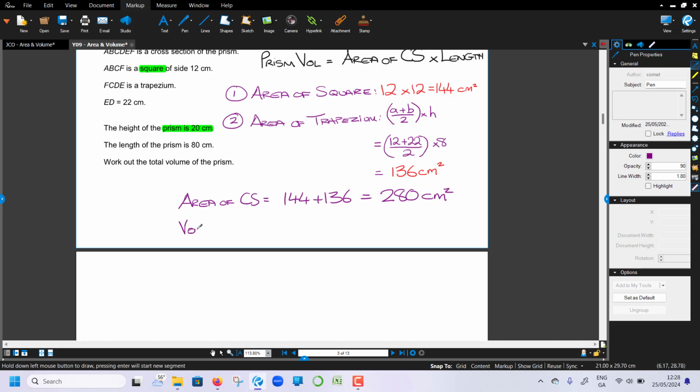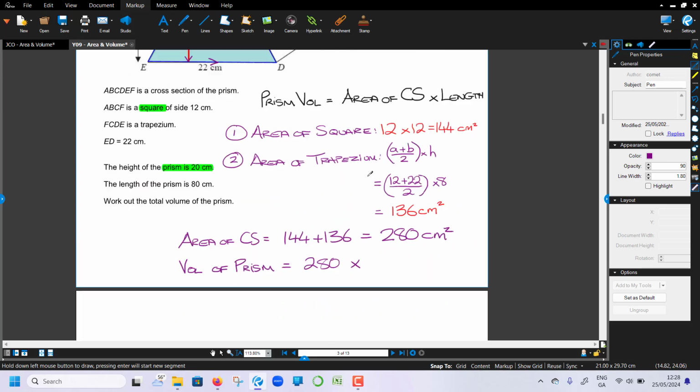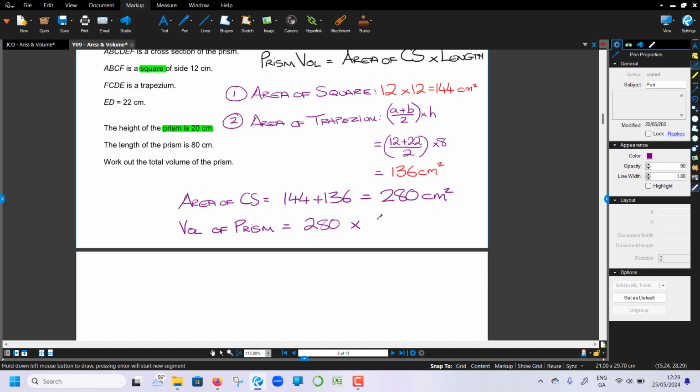And then the volume of the prism equals area of the cross section times length, 280 times, what was it, 80. Oh, geez. 80.